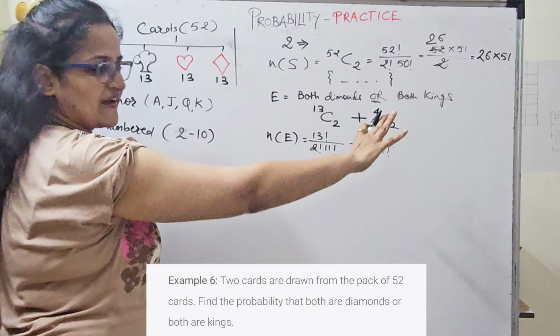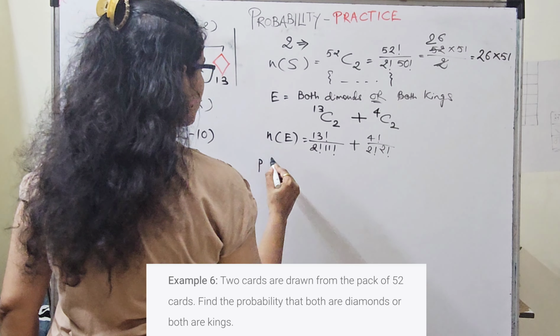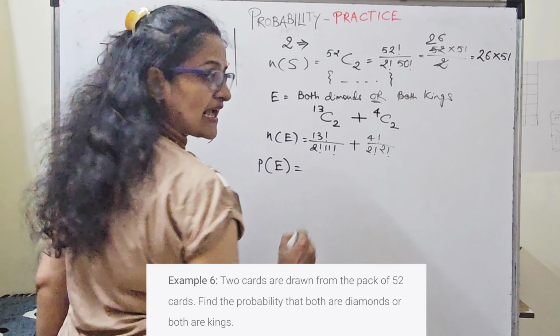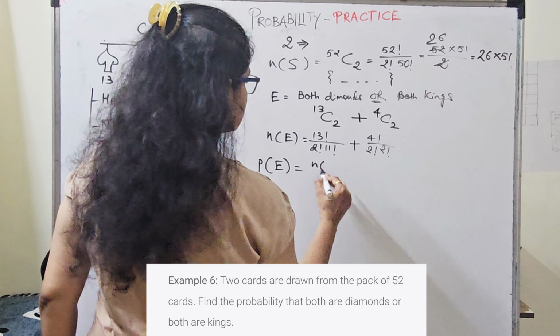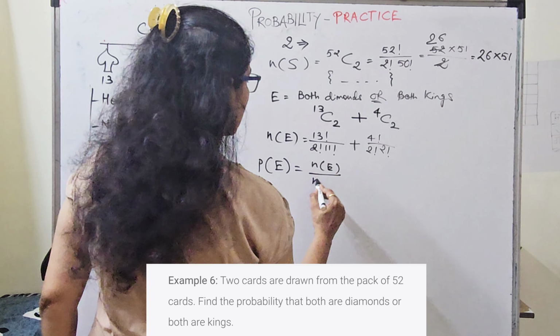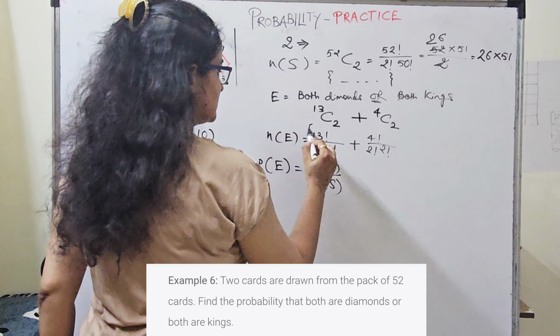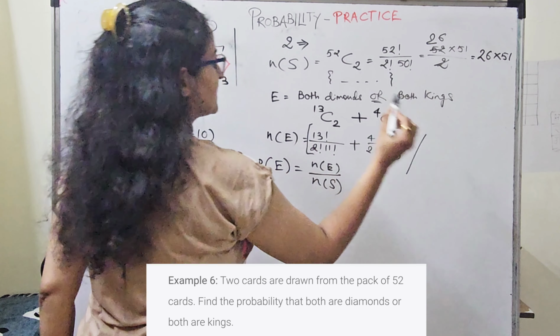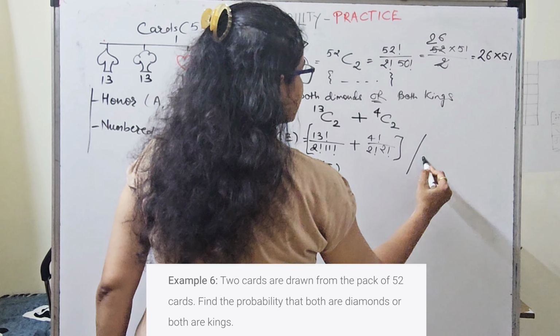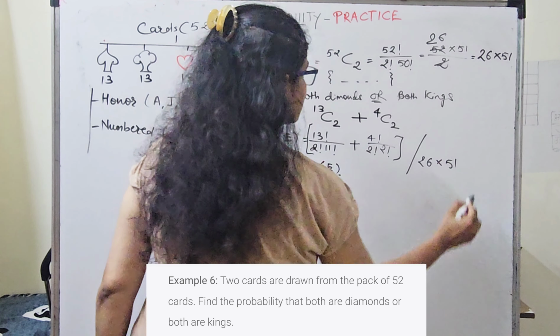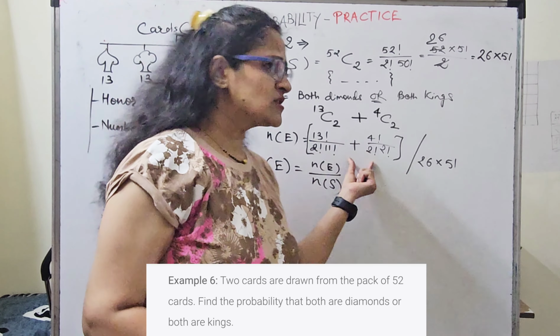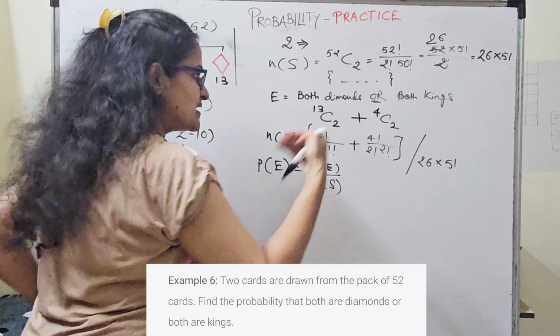Correct? You simplify this part. And now what is the probability of this event which they are actually asking you? It is nothing but this N of E divided by N of S. So this complete is N of E divided by N of S, which is 26 into 51. So when you do this, see, it looks complicated, it is not really. Okay, I'll just give you the hint.